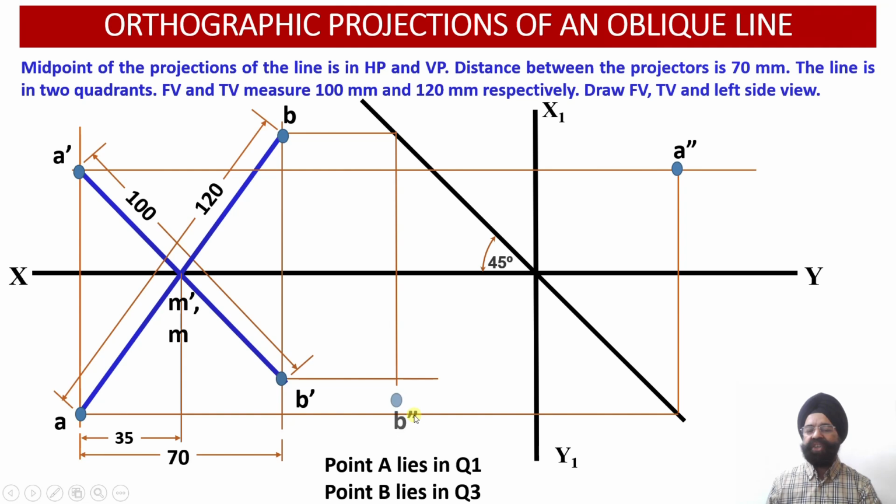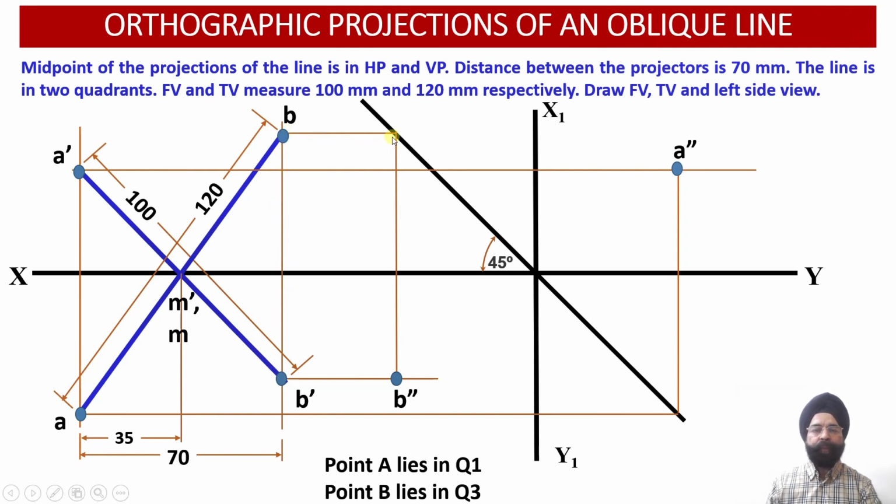So this intersection will provide us with the location of B double dash. Now please check the coordinates of B double dash in the profile view. So B double dash point lies this distance, that is the same distance as B dash below the horizontal plane, and this was the distance of the point B behind the vertical plane.